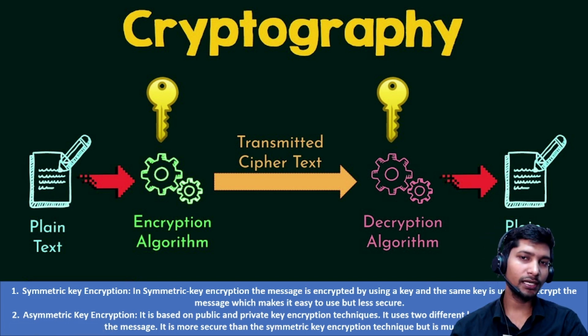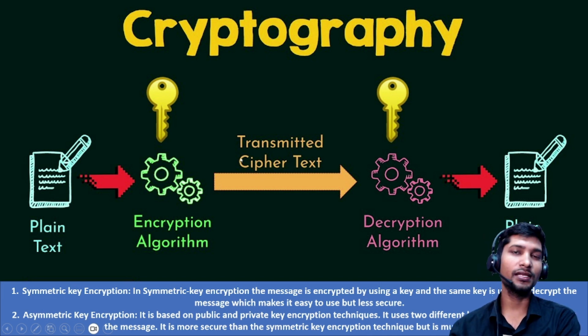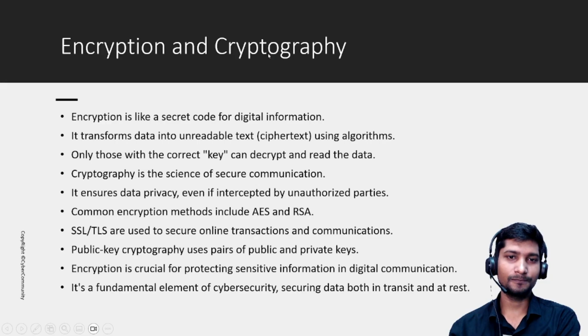For that you again have to use the private key to decrypt it. Those who have this particular key can decrypt it. If you do not have that key, you can't decrypt the data. So this is a very secure way to transfer and send data. This is exactly what cryptography and encryption are.